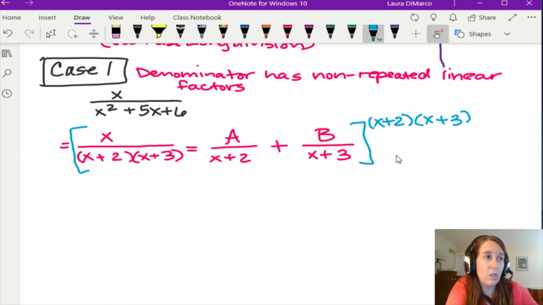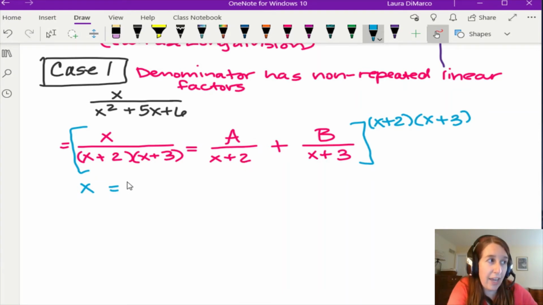So what happens when we multiply this by x over x plus 2 times x plus 3? We're going to get x times this blue stuff over this exact same thing, right? So this side of the equation is only going to be x. On this side, we're going to multiply A times this blue stuff over x plus 2.